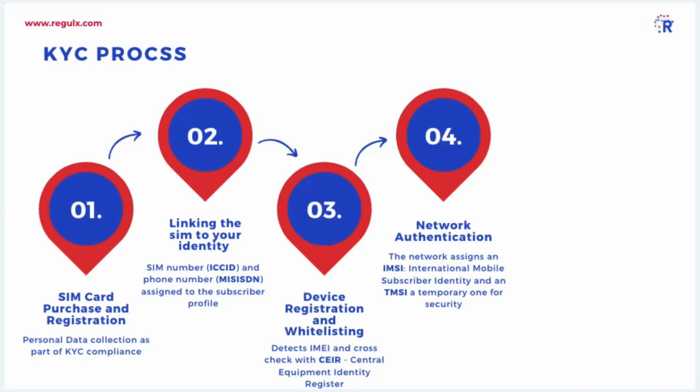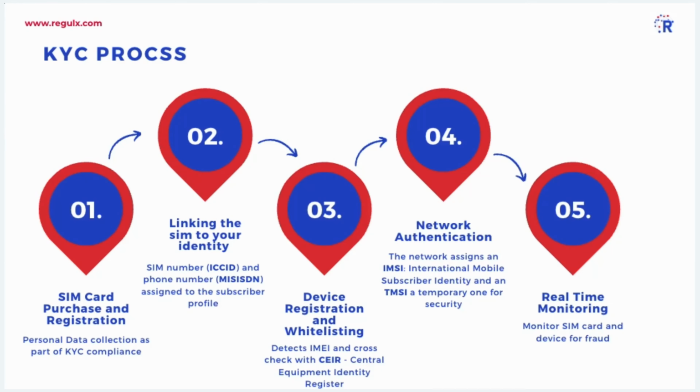When they cross-check with this register, they want to make sure that this device is not blacklisted and it is okay to go. Once that is okay, the subscriber has access to the network, and the network will assign an IMSI number, that is the International Mobile Subscriber Identity, and also a temporary one for security reasons.